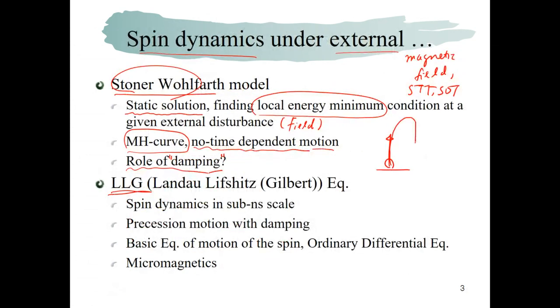It goes up and goes down, and finally it comes back here. The Stoner-Wohlfarth model implies they know the initial state, and then they know the final state. They don't deal with the trajectory. But in the LLG equation, they are talking about the whole trajectory of the ball.